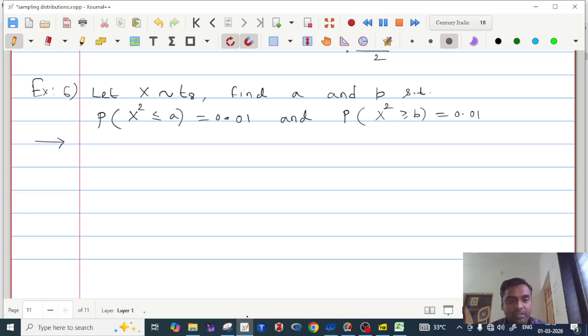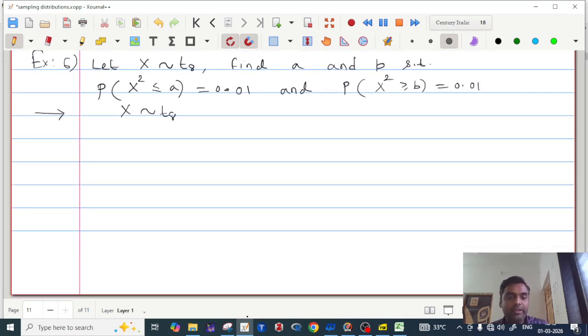Okay, let's see the solution. X follows T with 8. We know one property: if X follows T distribution Tn, then its square is F. What is the definition of T?